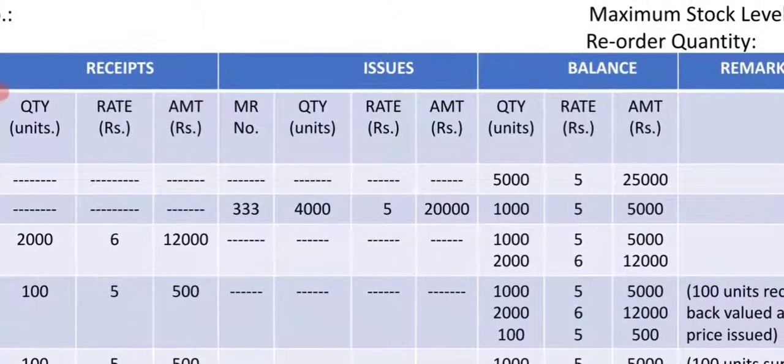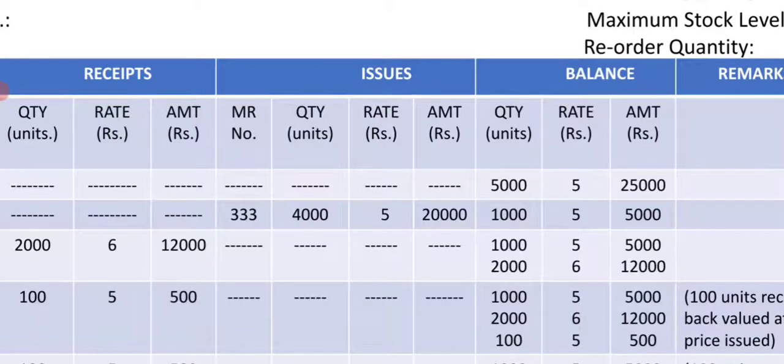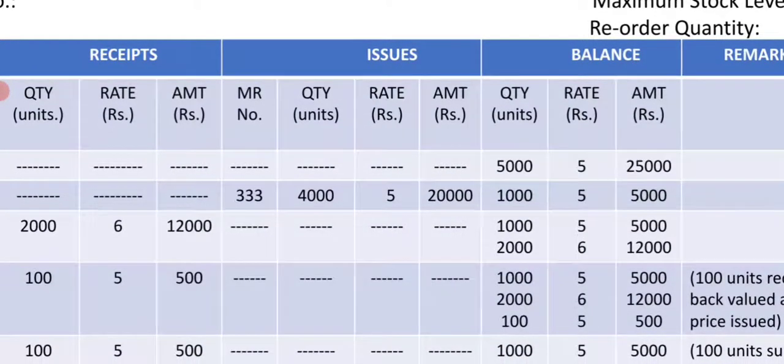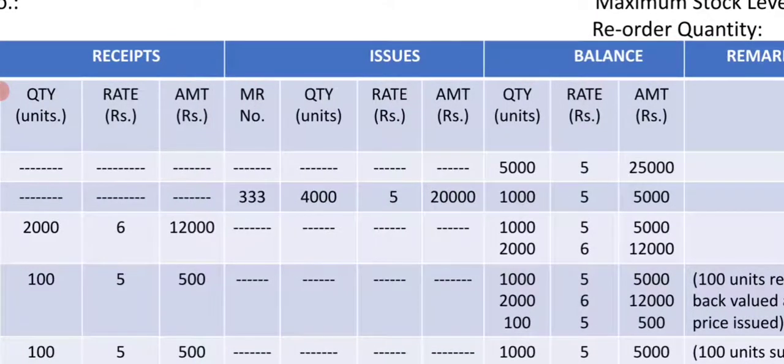The balance is 5000 units at the rate of 5. There is only one batch of goods available, so we take 4000 units from it at the rate of 5. So 4000 into 5 is 20,000 rupees.